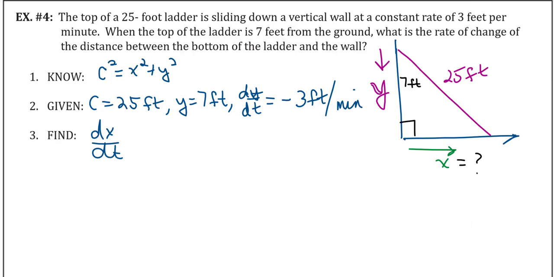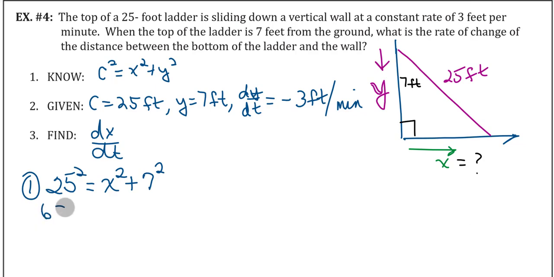All right, so the first thing we want to do in this problem is, I like to do this. A lot of people will do the rate of change first and then go back, but I'm missing one thing. I need to know that x. So I'm going to substitute in the values I have for that specific instance: the 25-foot ladder does not change, but we have a specific y, which is 7 feet.